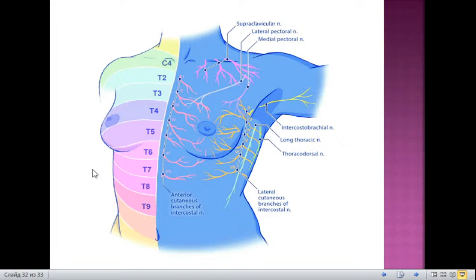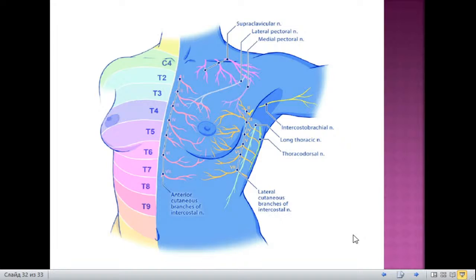So actually, no plexuses here. Intercostal nerves give some branches like the anterior cutaneous branch and the lateral cutaneous branch. Also, intercostal nerves supply the parietal pleura, and these nerves are mixed, so they supply intercostal muscles.